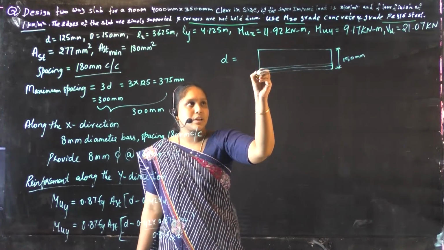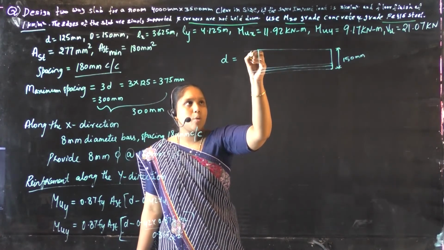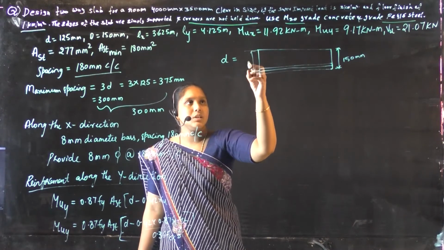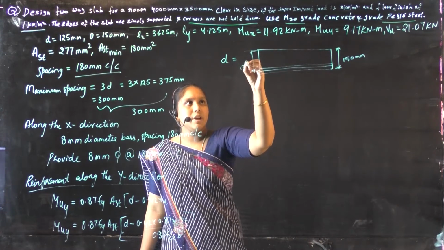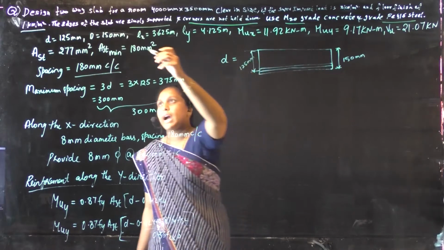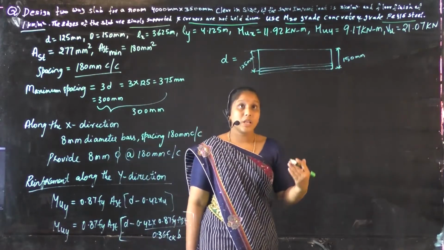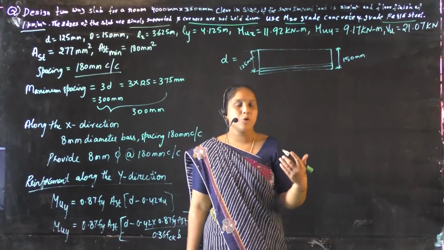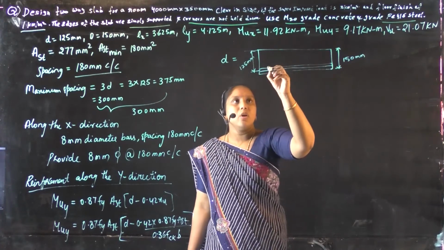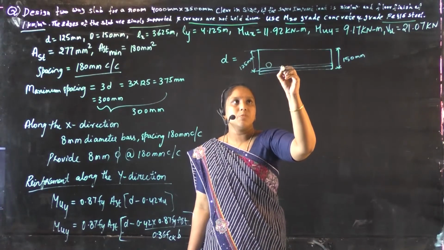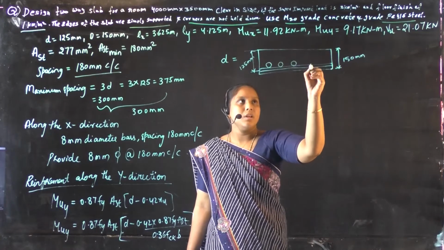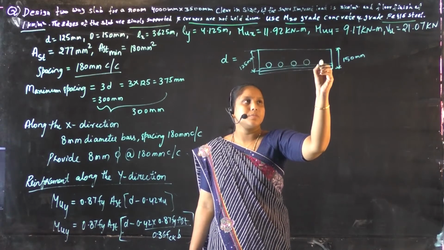From the center to the top, the effective depth is 125 mm, which we have calculated. Now along the Y direction, the reinforcement is provided like this.